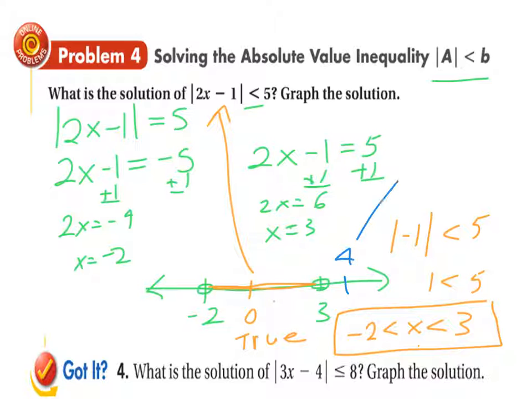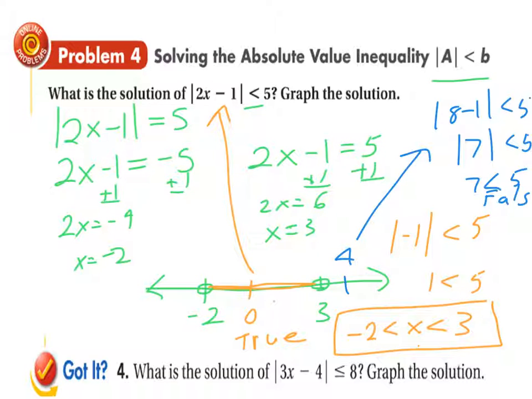That gives you the absolute value of 8 minus 1, so absolute value of 7, which is 7. 7 is not less than 5, that is false. So even without testing the middle, if we tested 4 and that turns out to be false, then we know that the middle has to be true.